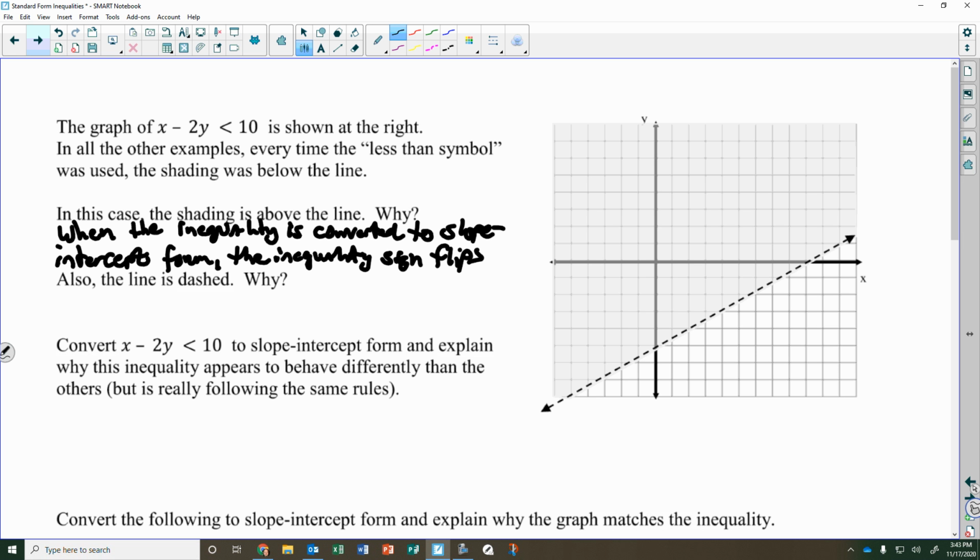All right. Now, I'm going to show you that in just a second when we convert it right here.